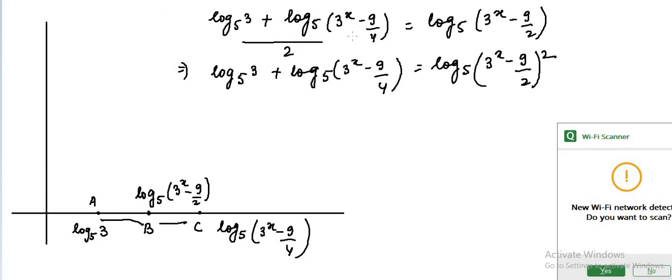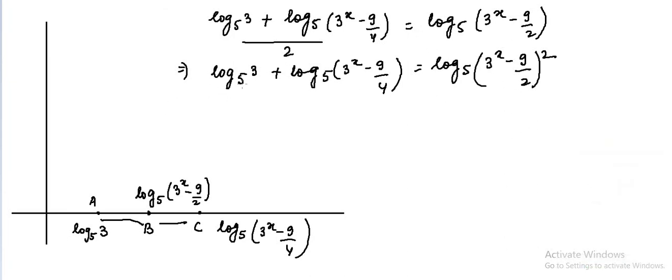As this 2 has gone to this side, by using the formula n log m is equal to log m to the power n, I have written this. Now here again you have to use the formula log mn is equal to log m plus log n. So use this formula and rewrite this equation.